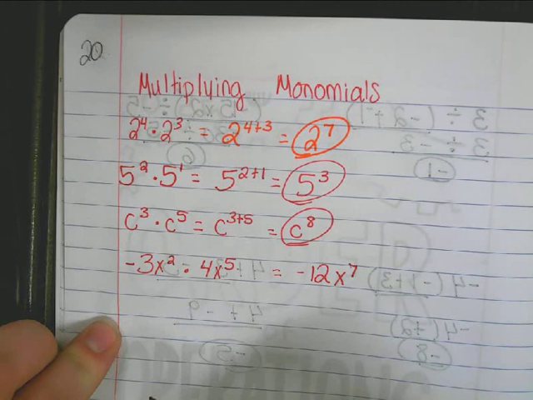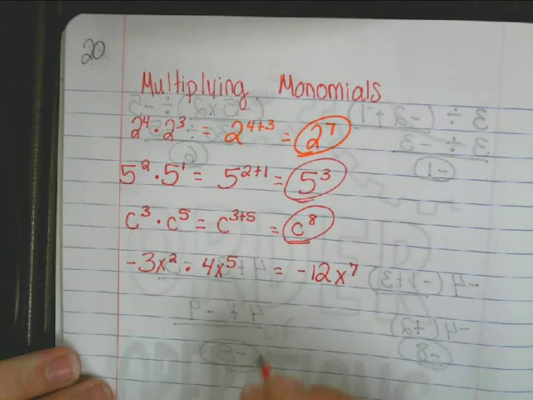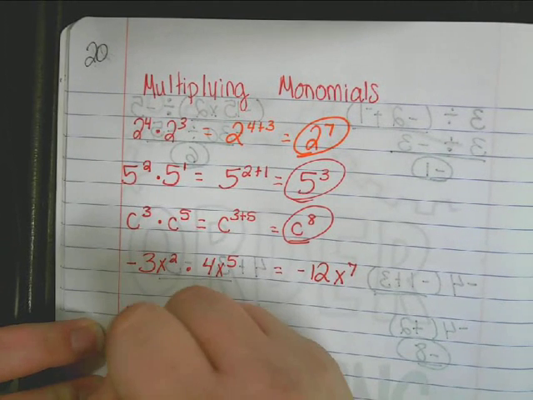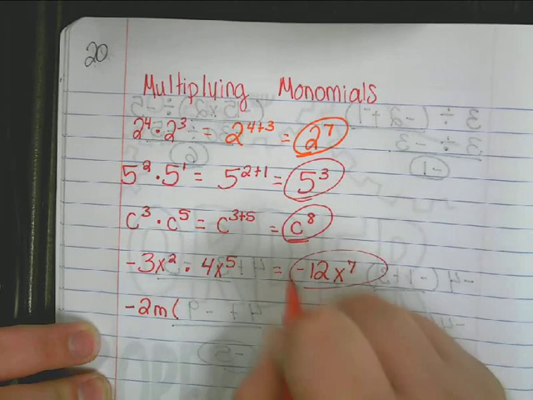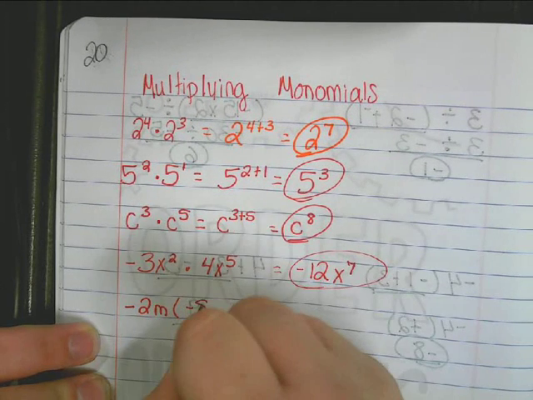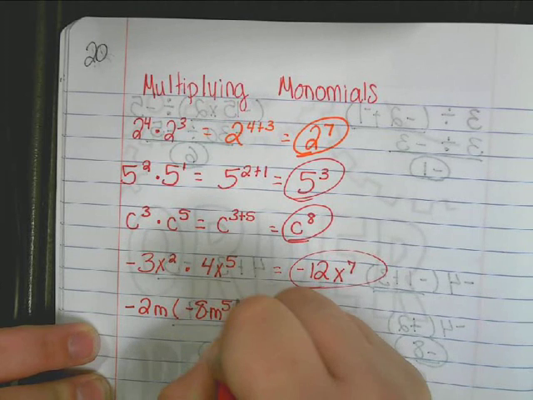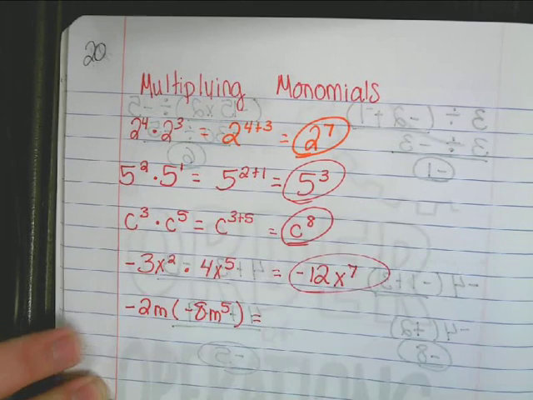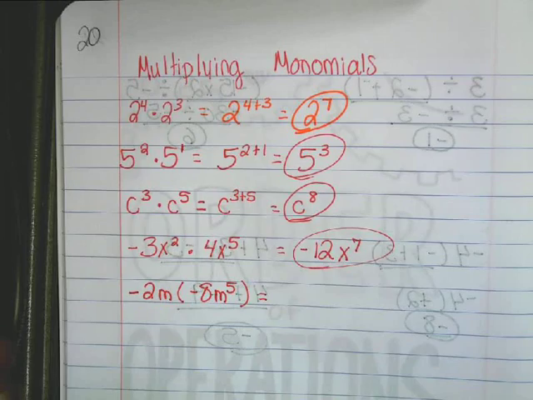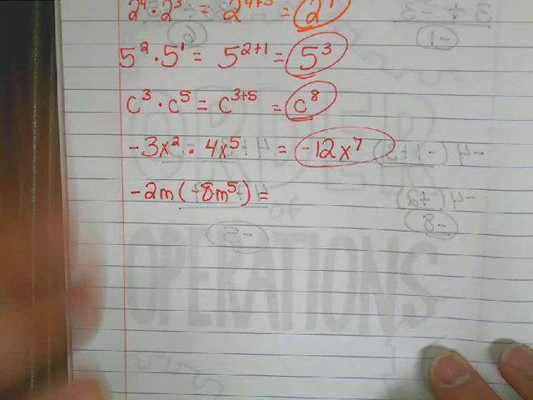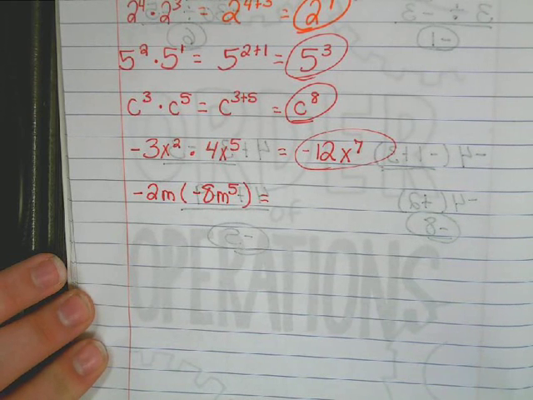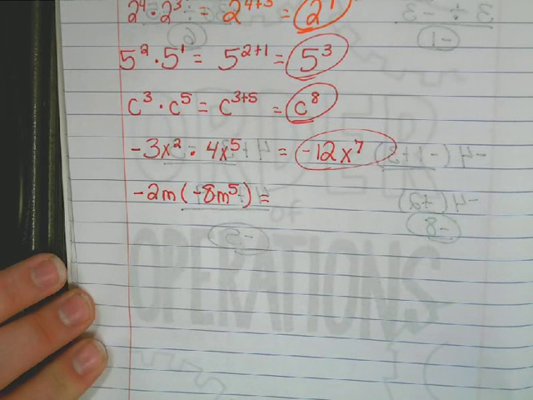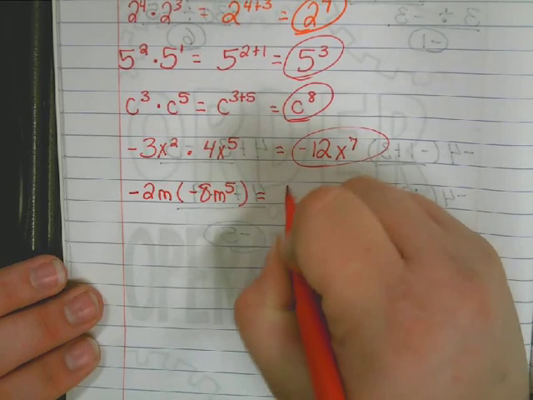Try negative 2m times negative 8m to the 5th. Is it 16m to the 5th?